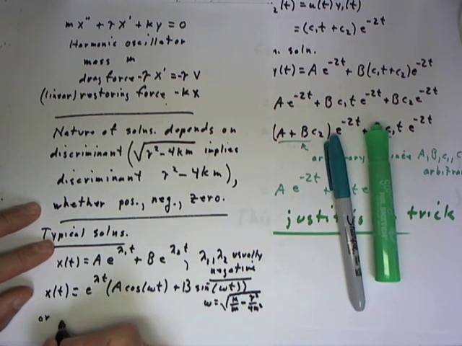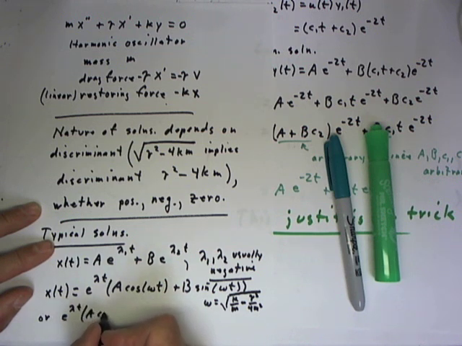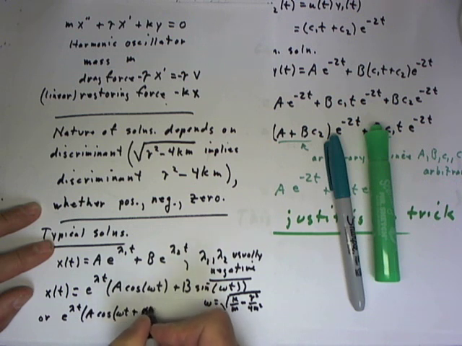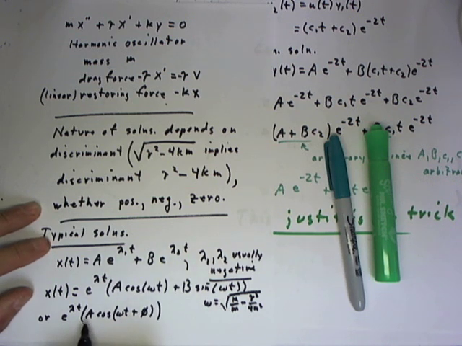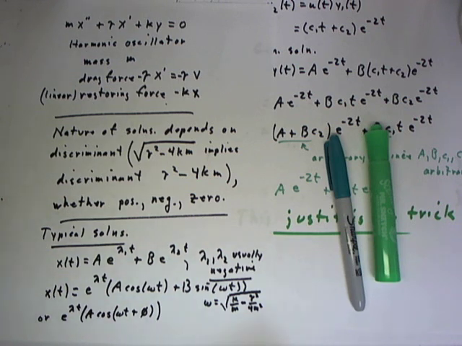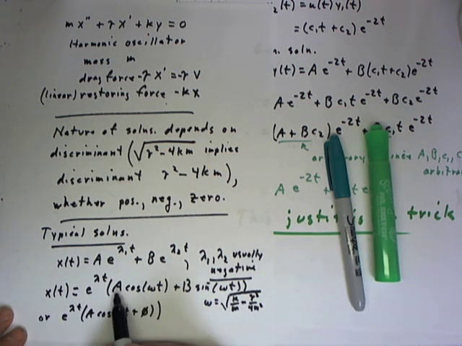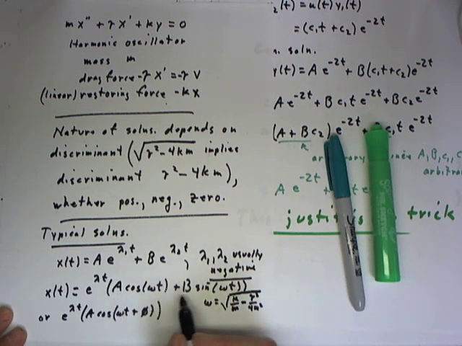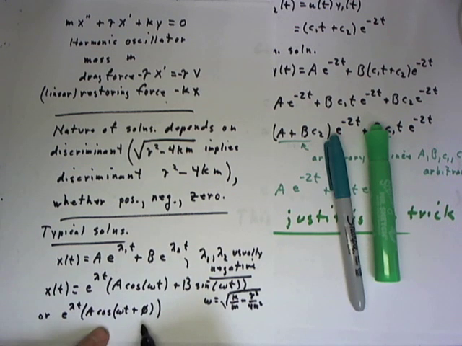Another alternative form for this would be e to the lambda t times a cosine of the quantity omega t plus phi, where a and phi would be arbitrary constants as opposed to the arbitrary constants a and b here. The phi depends on the relative magnitudes of a and b when you combine the cosine and the sine using basic trigonometric identities.